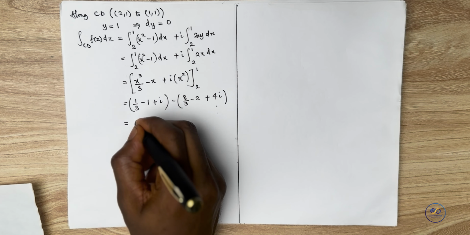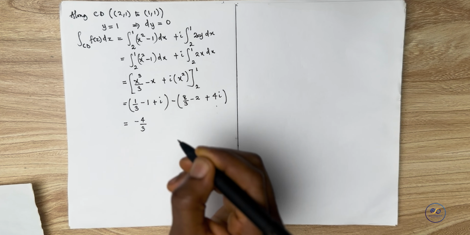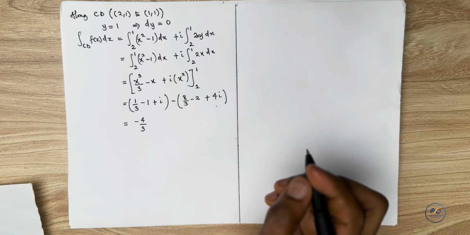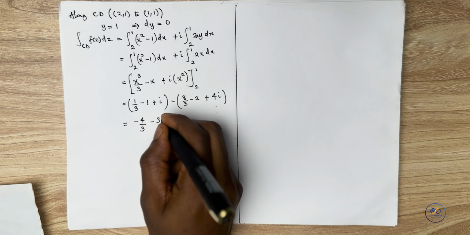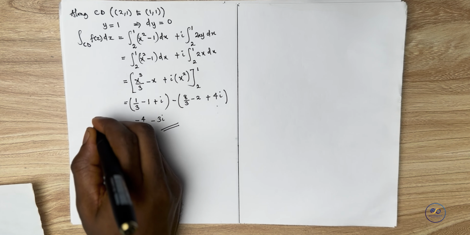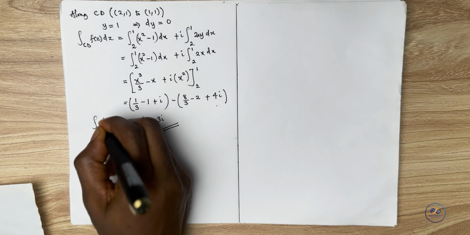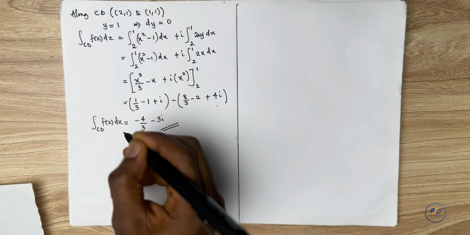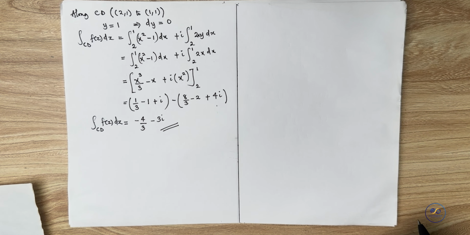So both of them adding up together gives us minus 4 over 3, and then this is just i minus 4i, so that's going to be minus 3i. So it means that the integral along CD of f of z dz is indeed equal to this value, minus 4 over 3 minus 3i.